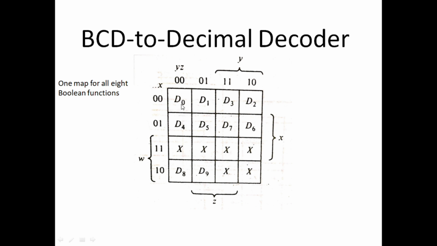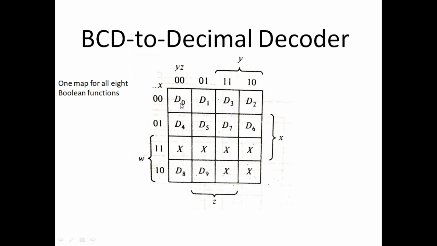So this D0 is 1 when we visualize to create the Boolean equation for D0, then this square has 1, all of the other D's are 0 and don't care conditions are represented with X.